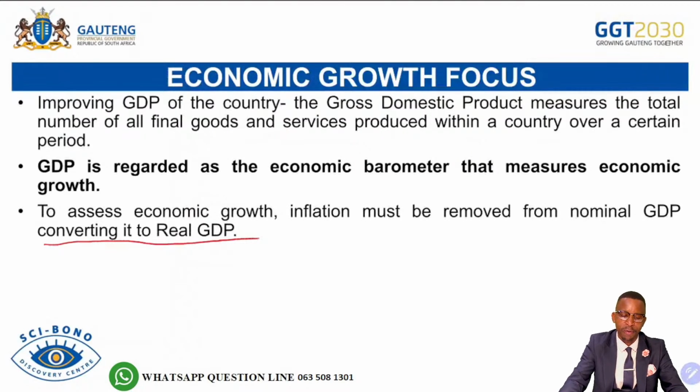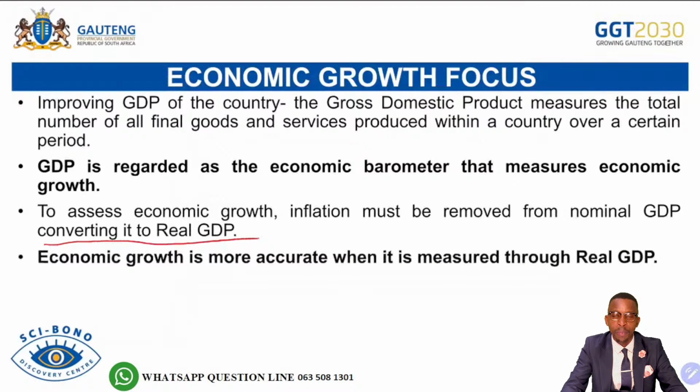I mentioned that before: for us to have the pure growth trends of the economy, we must remove the inflation effect from what we call the nominal GDP, and convert it to real GDP. Economic growth is more accurate when it is measured through real GDP, but it is not accurate when we measure through nominal GDP. So it is very important for you to spread your wings and your mind in this case.